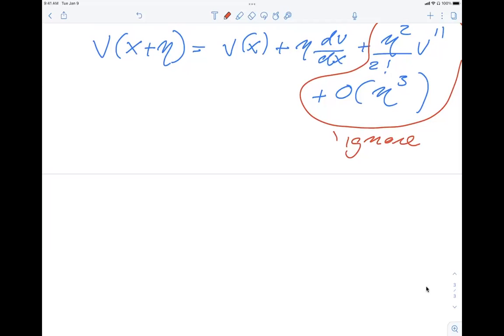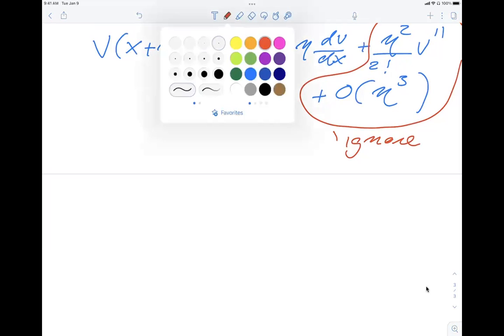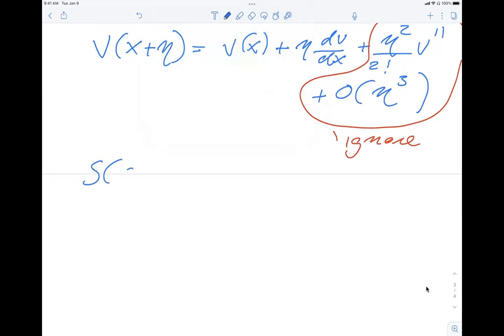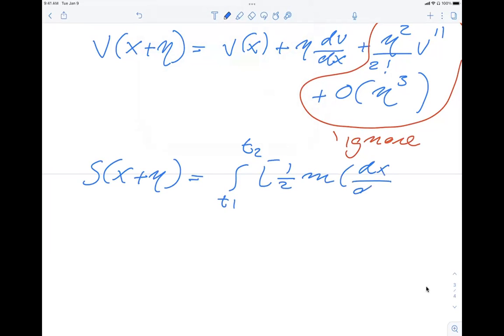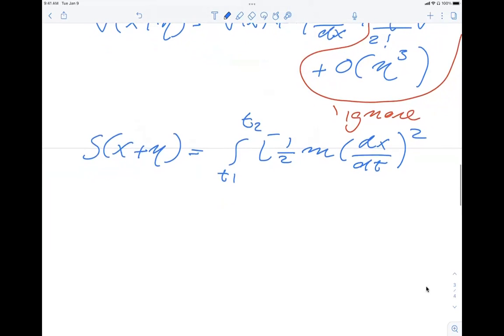So that means that our term here, this S of x plus eta, is going to be given by the integral from T1 to T2 of 1/2 multiplied with the mass. So this is a kinetic energy term. It's going to have a dx/dt squared. And then we have the term which goes like S of x. So this is plus dt.